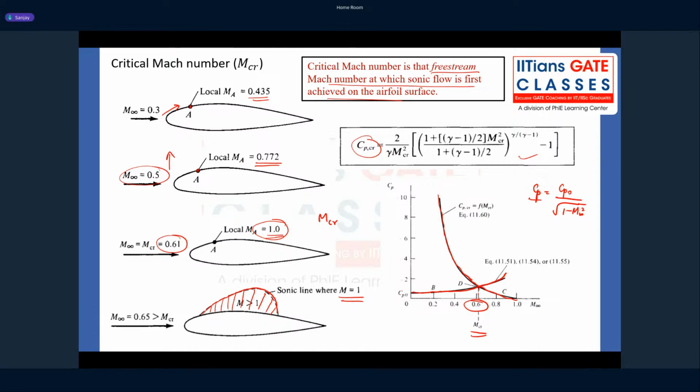Okay, so is this clear, everyone? What is critical Mach number? Any doubts here?